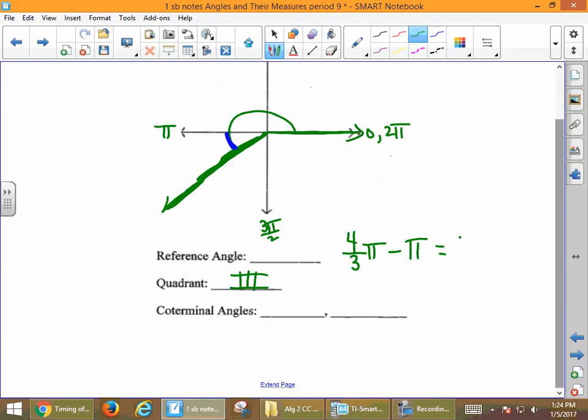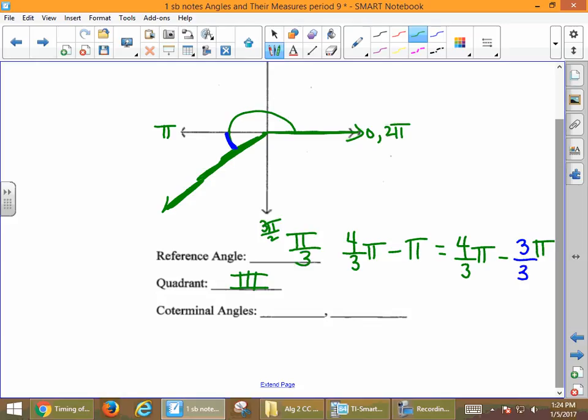So if we convert this here so that we have a common denominator, pi is the same thing as 3 pi over 3. So our reference angle, 4 pi over 3 minus 3 pi over 3, is 1 pi over 3.